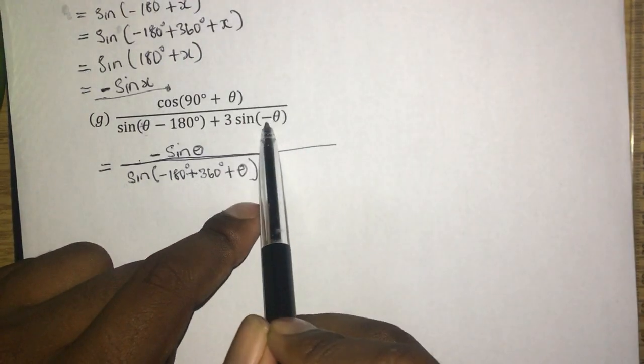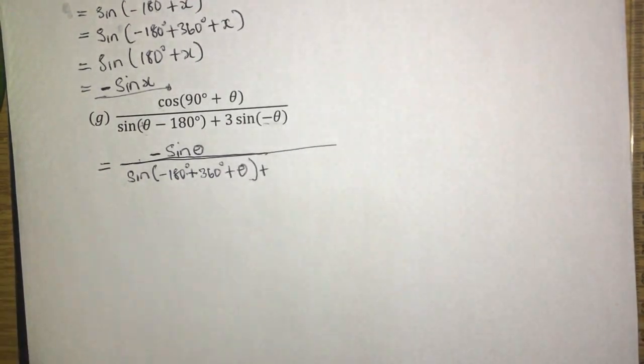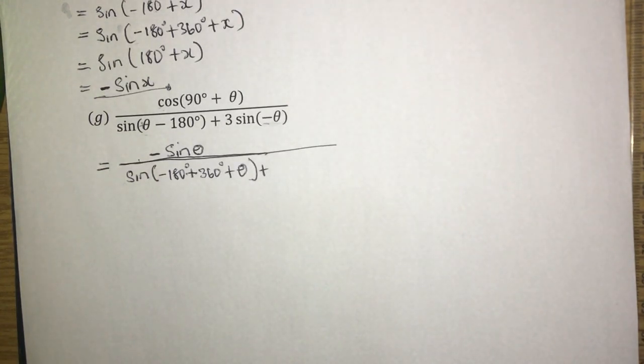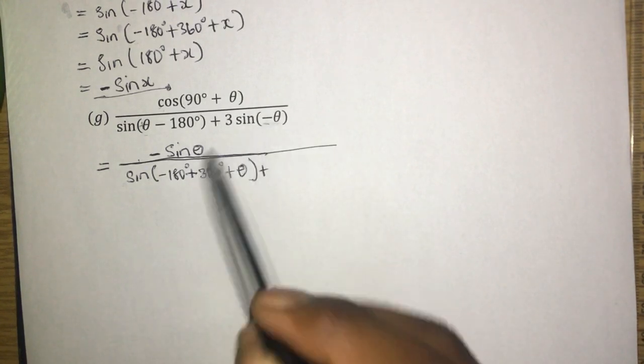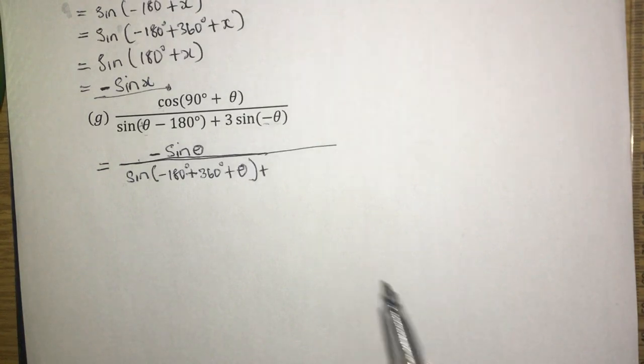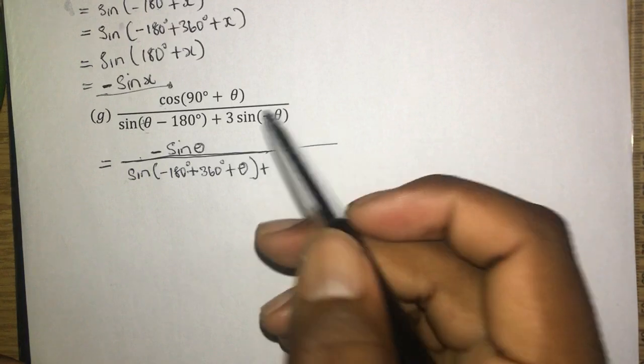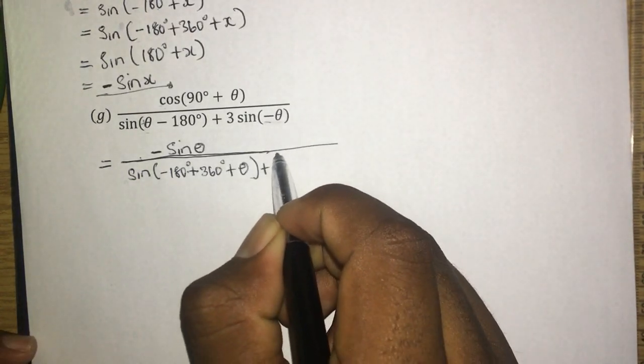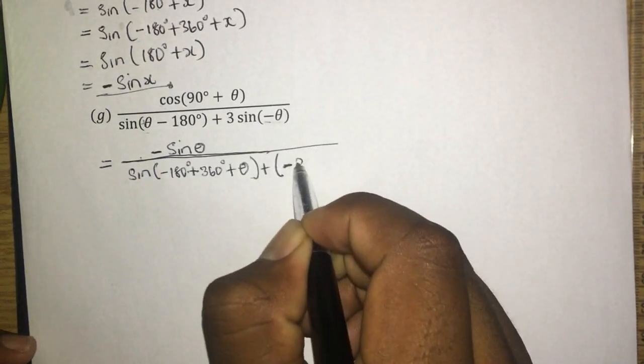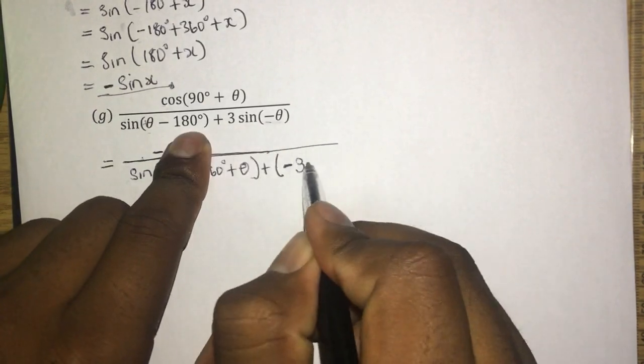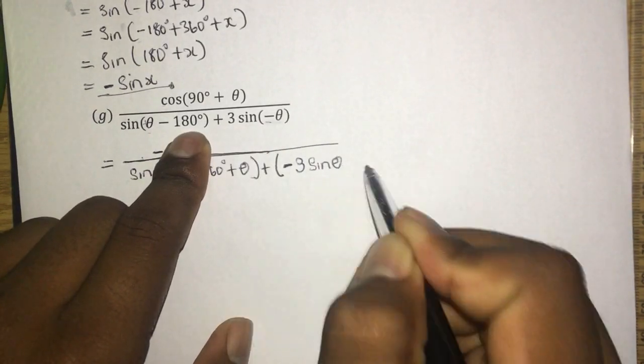Only in quadrant 4 theta is negative, but not in quadrant 3, 2, and 1. So this negative causes the trig ratio to be negative if it is not cos. If it is not cos, it causes to have a negative sign there. So I will have negative 3 sine theta.